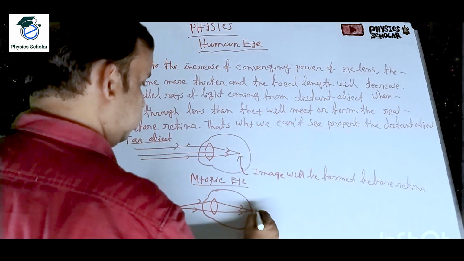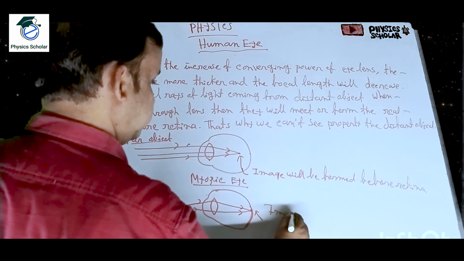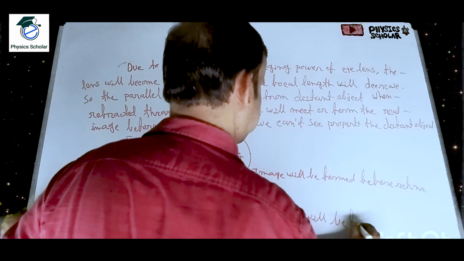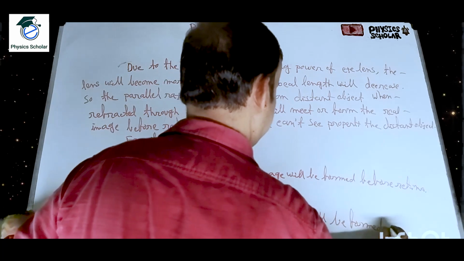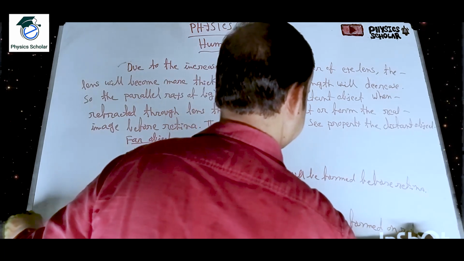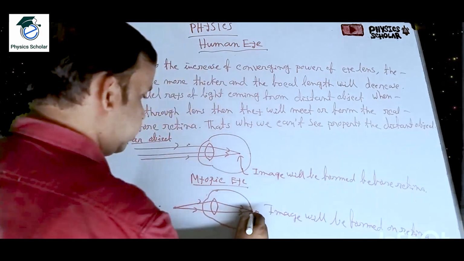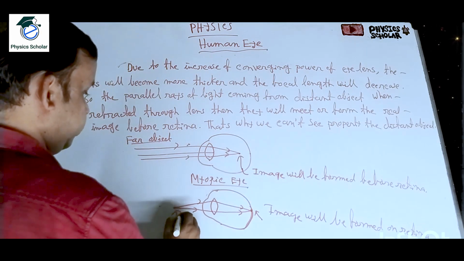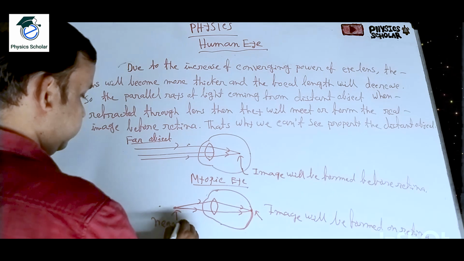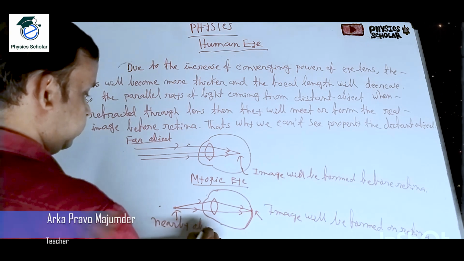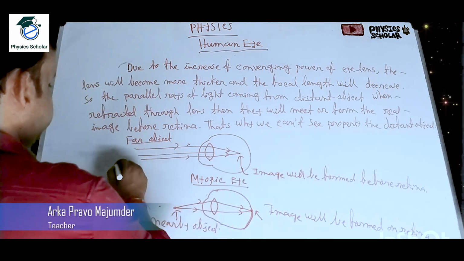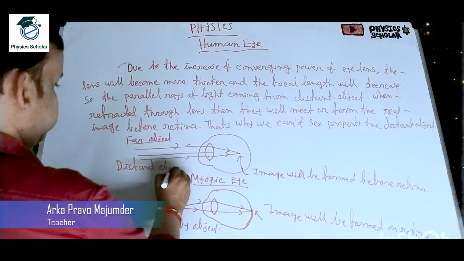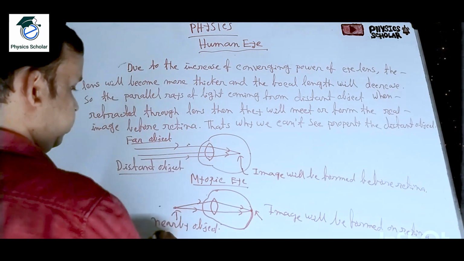So the image will be formed on the retina. So here no defect of vision will be there. We can see the nearby object, clear? And it is the distant object, clear?